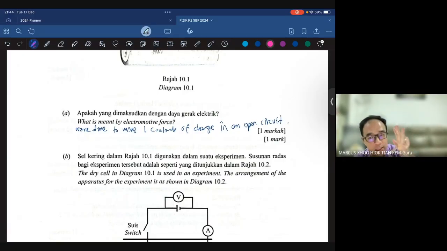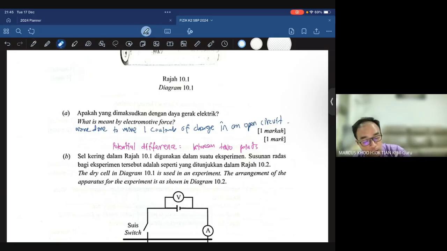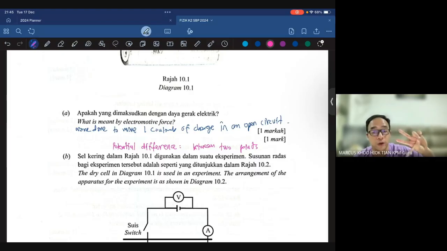Since we are on this topic, I also want to say the potential difference. Potential difference has almost the same definition. The work done to move 1 coulomb of charge between 2 points. The definition is almost the same, just like what we did at the first question, determining emission and photoelectric effect.